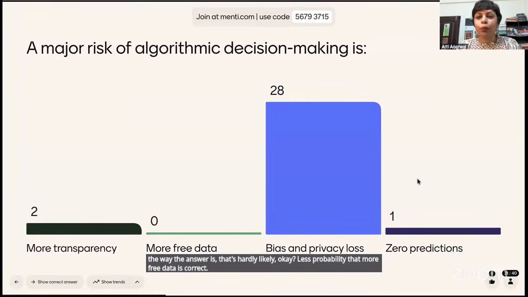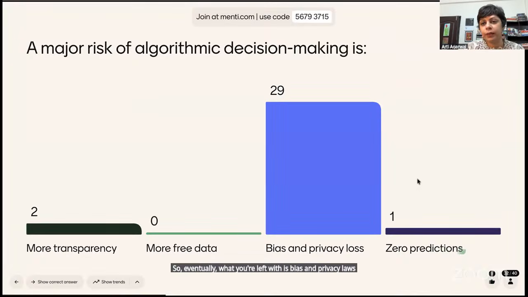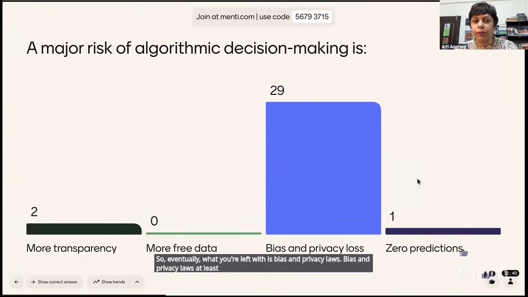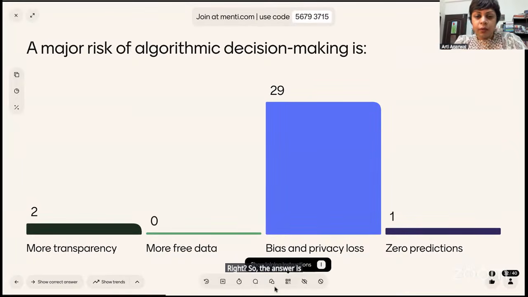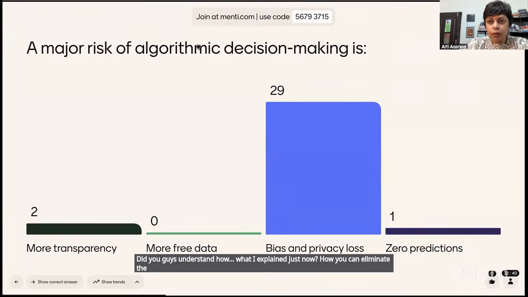Zero predictions. If there are no predictions, then what is the risk for? Zero predictions cannot be the correct answer. So eventually, what you're left with is bias and privacy loss. Bias and privacy loss at least sounds like a risk, right? So the answer is bias and privacy loss. Did you guys understand what I explained just now? How you can eliminate the options which you think cannot be correct?